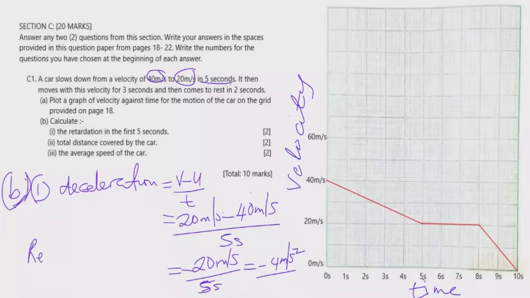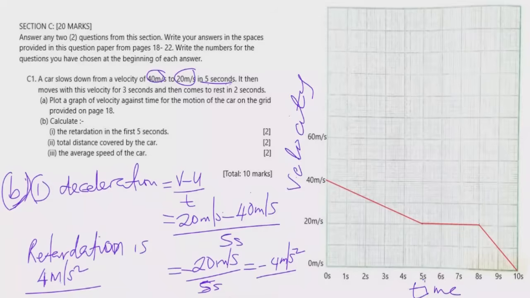Retardation is 4 meters per second squared.